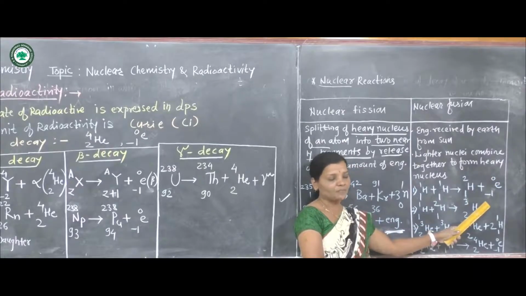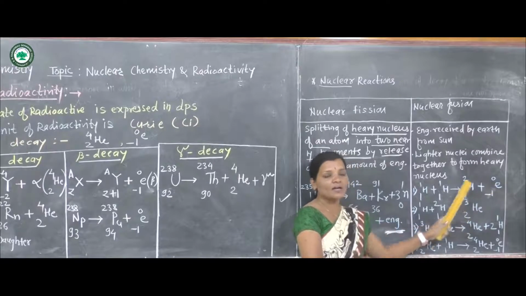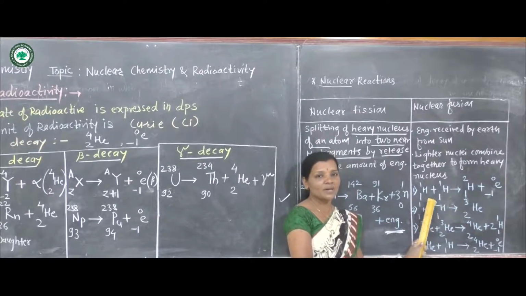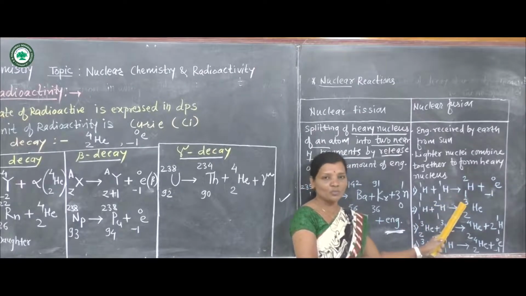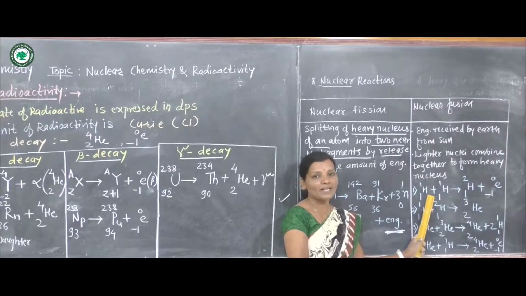So when two hydrogen nuclei combine, we get an isotope of hydrogen with mass greater than that of the parent nucleus.